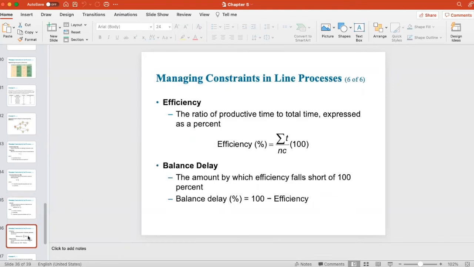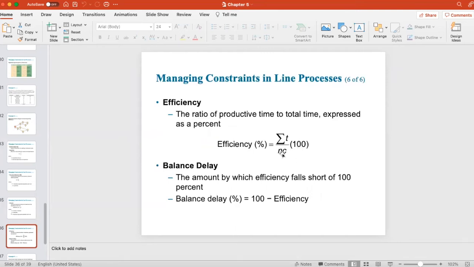Similarly, if we move to the equation for efficiency, you see that at the right-hand side, we still have these two elements, right? In the numerator, we have summation T. This is still representing the total time that we are required to use in order to complete every single unit of product or every single service.